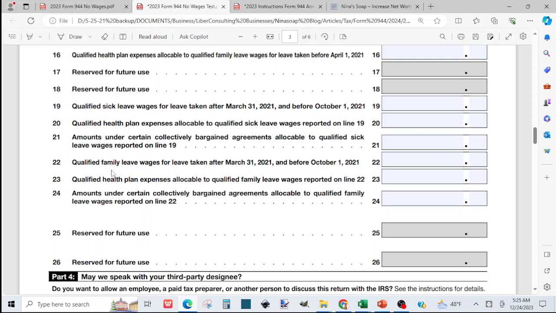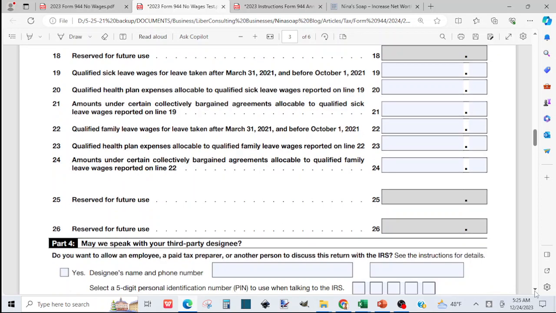Line 22, qualified family leave wages for leave taken after and before, we leave it blank. Line 23, qualified health plan expenses, we leave it blank. Line 24, amount under certain collectively bargained agreements, if it does not apply to you, you leave it blank. And we'll go to part 4.